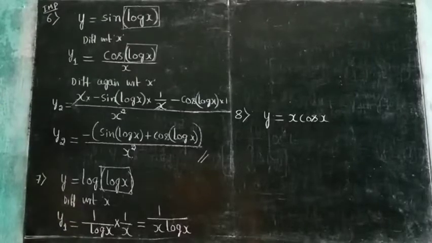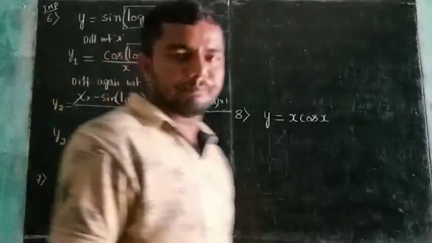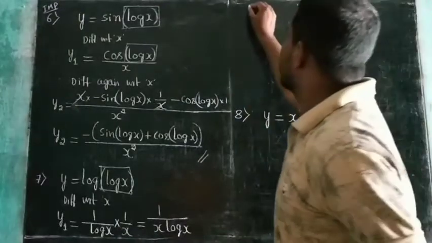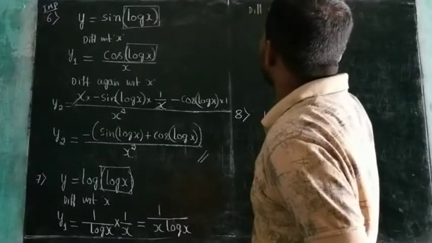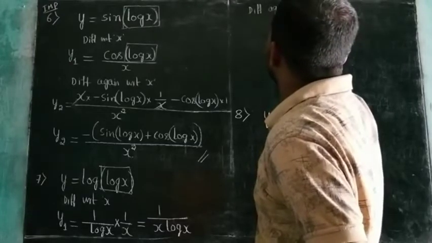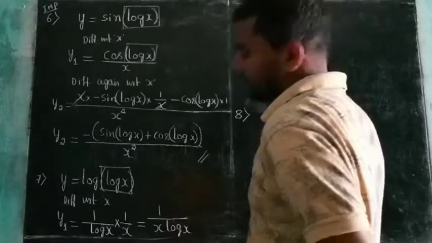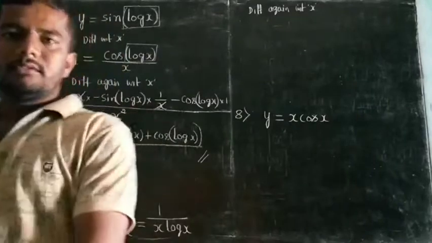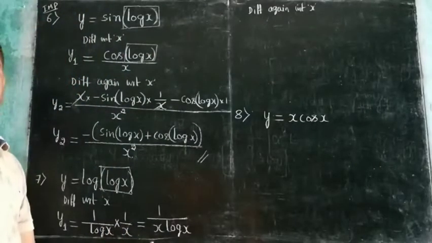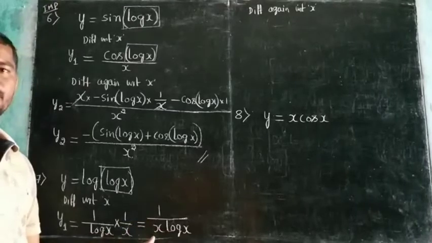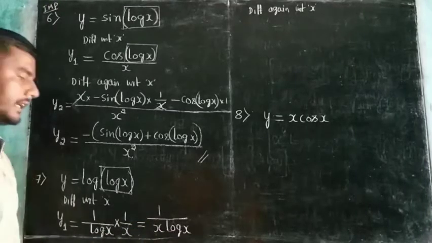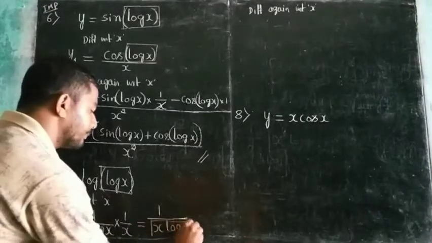Next step, we want y2. So differentiate again with respect to x. This can be done in two ways. First one is by using the u by v rule, the quotient rule, or in other words 1 by dabba.